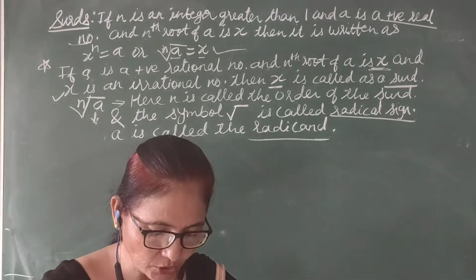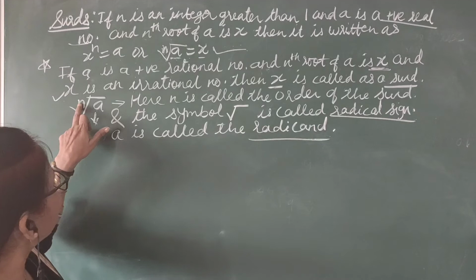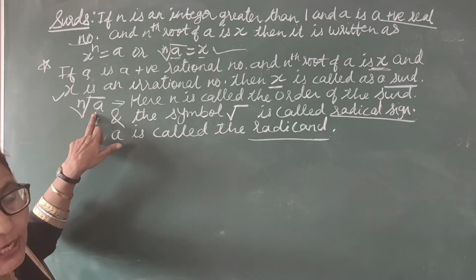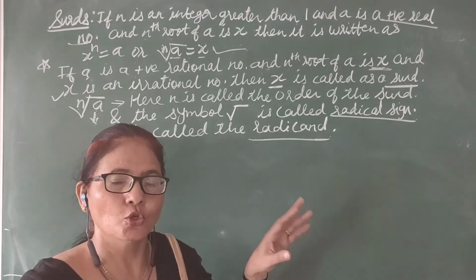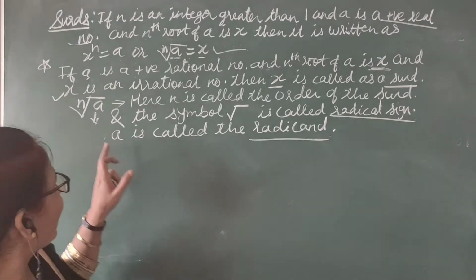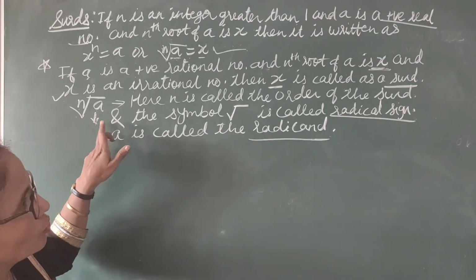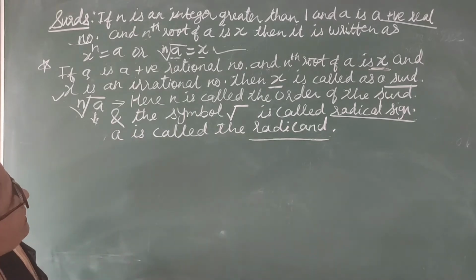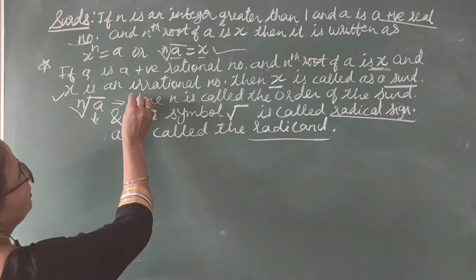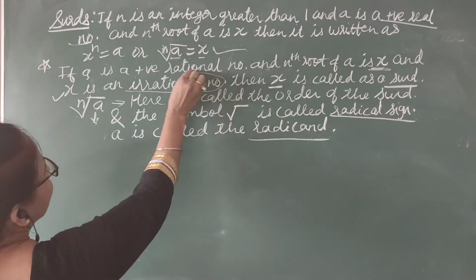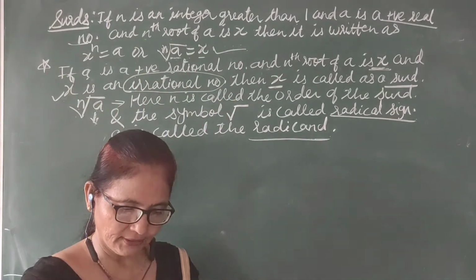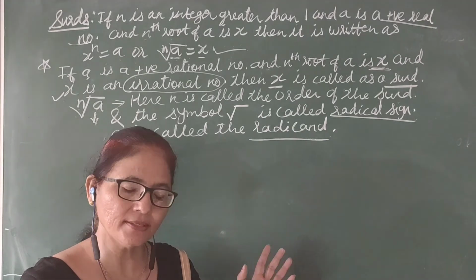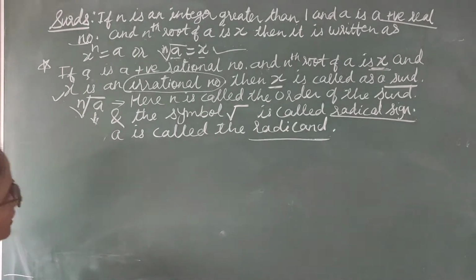Similarly, nth root of any real number is either rational or irrational. So just remember children, if the nth root of a is irrational, then it is a surd.